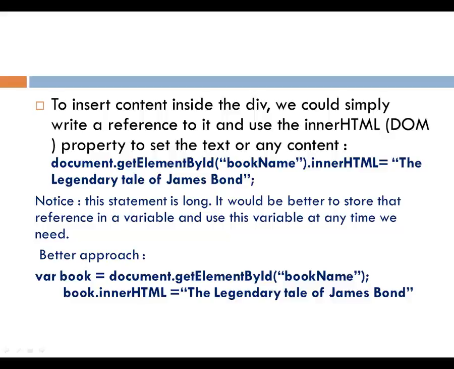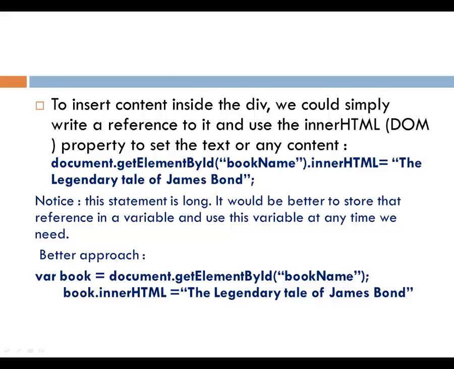You can see when you put a dot here, we want to pass in a property or method. Here we got a property, innerHTML. We simply say innerHTML, and then we say equals. Okay, so this is the assignment operator, and we pass it a string. We just want to say the book name is The Legendary Tale of James Bond. So by writing this statement, we are effectively passing the value The Legendary Tale of James Bond into the div with the ID book name.